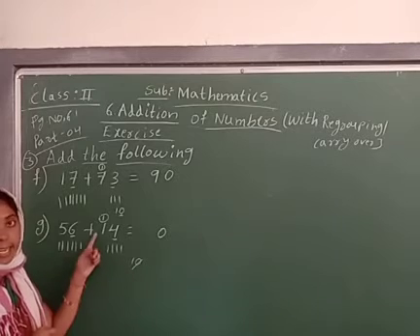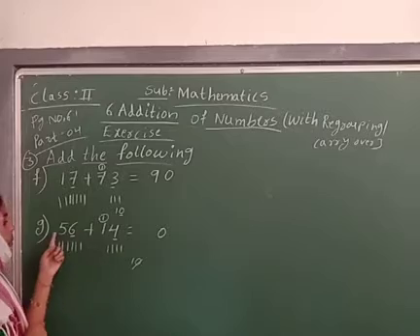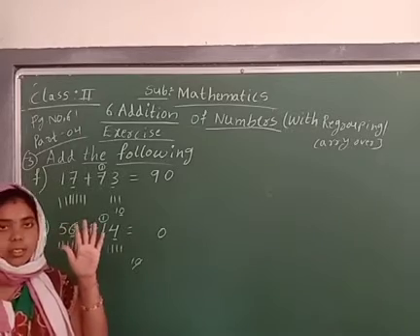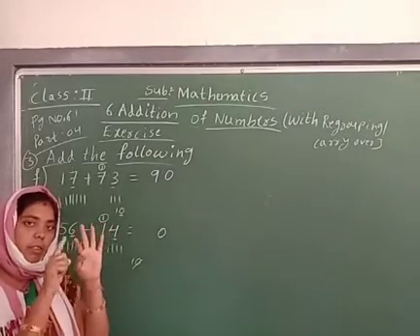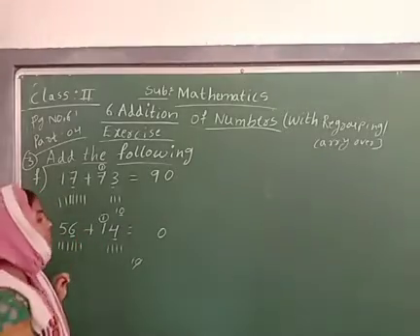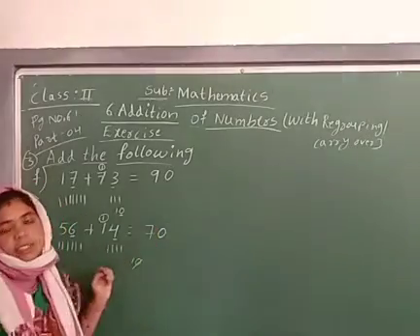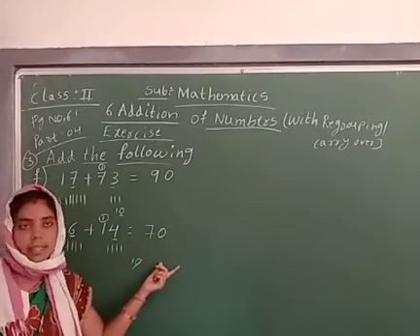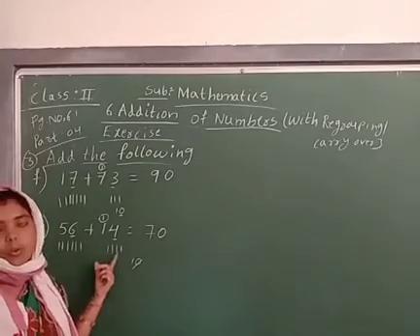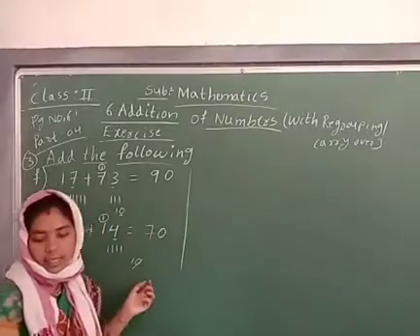One is carried to the tens place. So 1 plus 1, 2. 2 plus 5. 2 plus 5, how much is that? 7. 7 tens, 0 ones. So the number is 70. 56 plus 14 equals 70. Okay, do you understand, children?